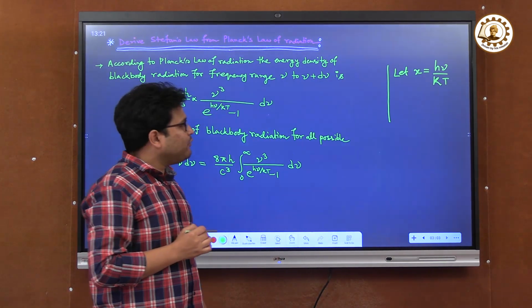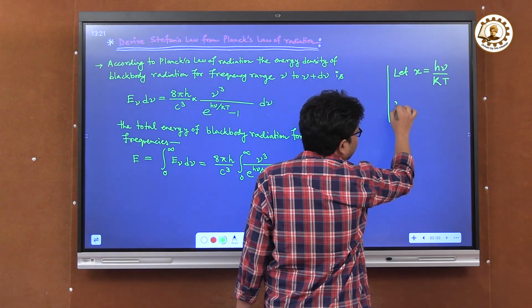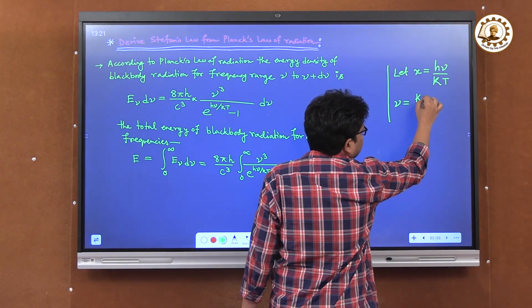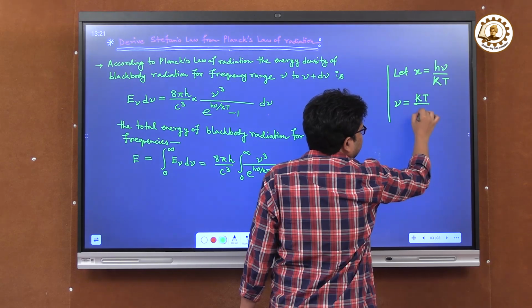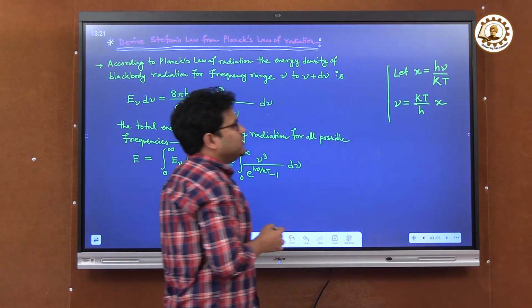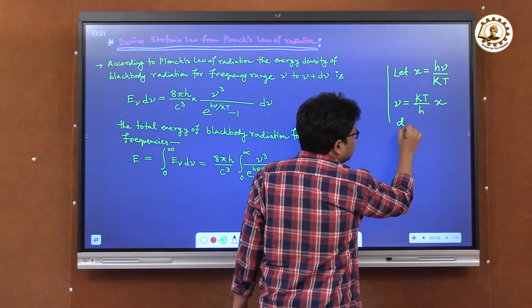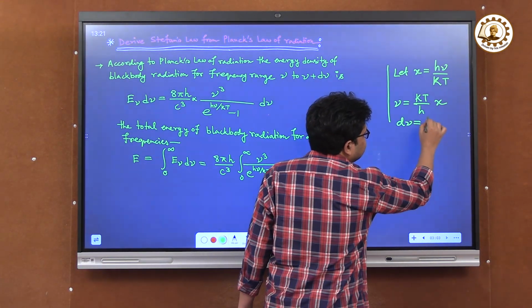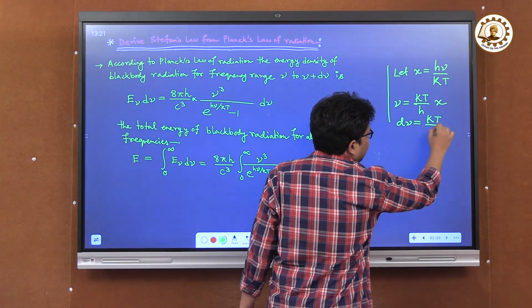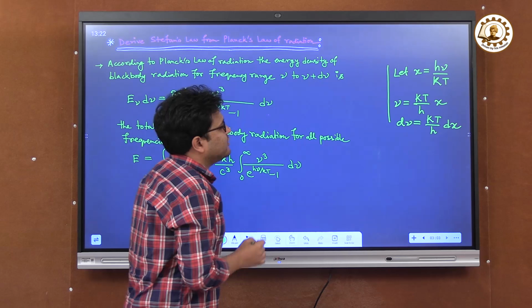Now if we rearrange, we have nu equals kT by h into x. If we take differentiation on both sides, it results in d nu equals kT by h dx.